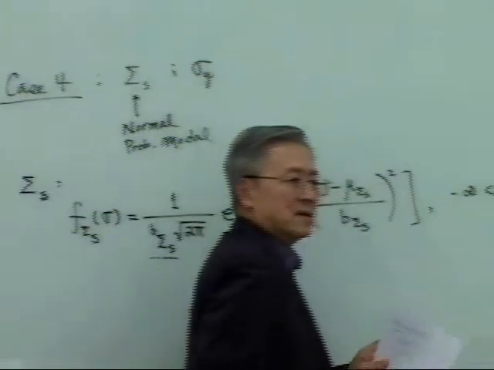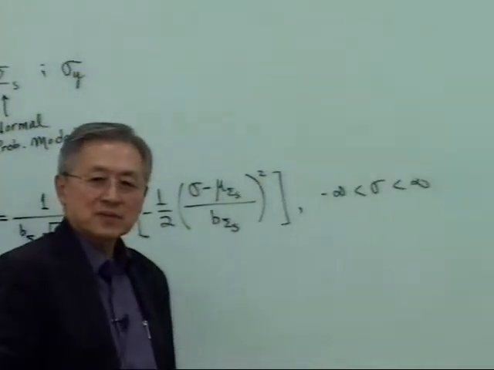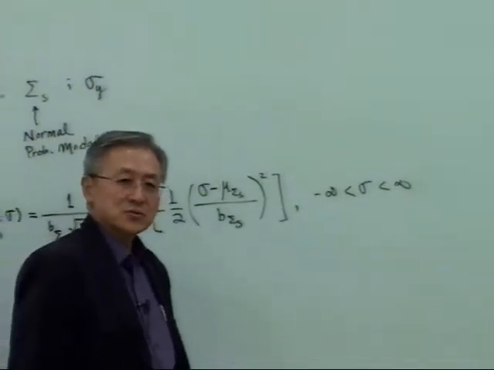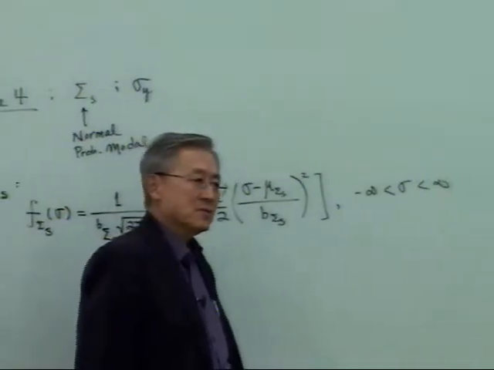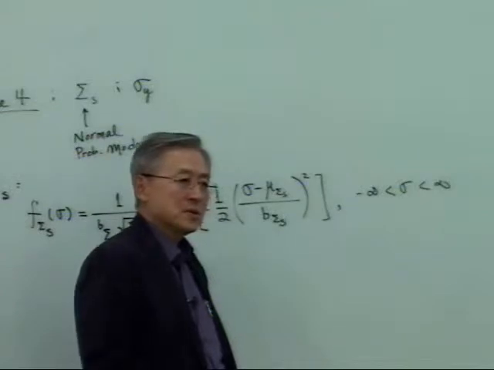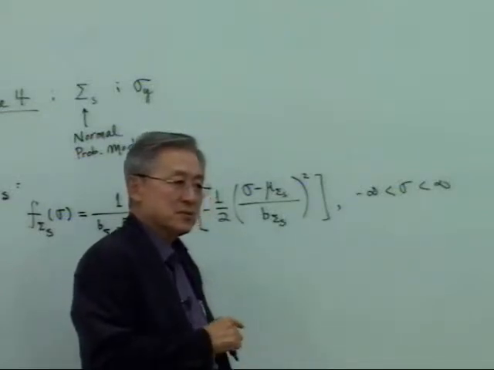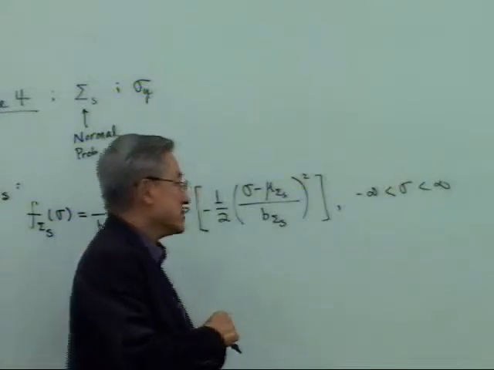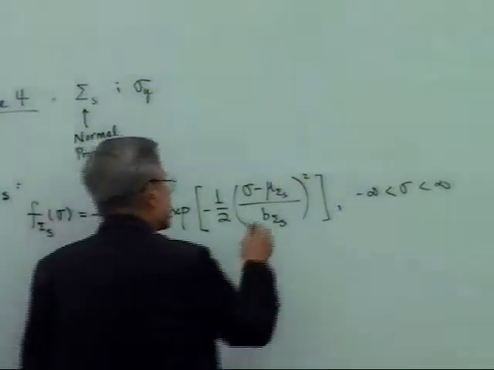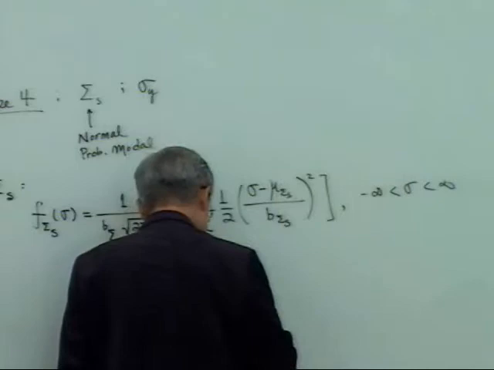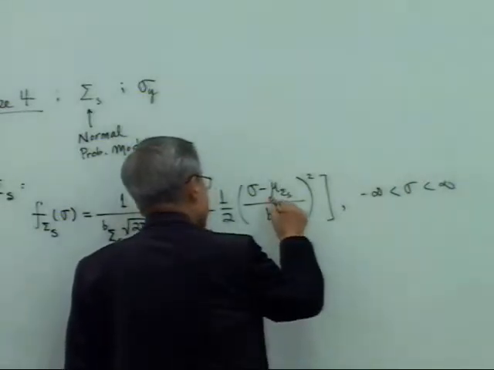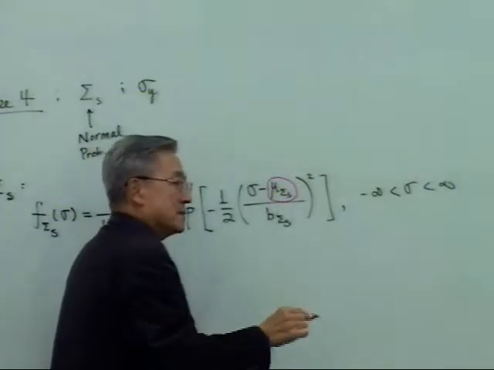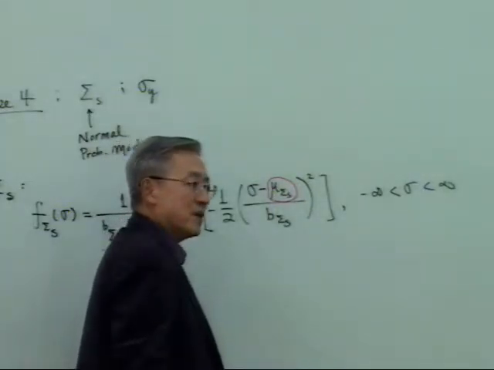This is a probability density function of Gaussian distribution, or you can say normal distribution, Gaussian probability density function. Okay, so here, what's this? This one. Mean value.